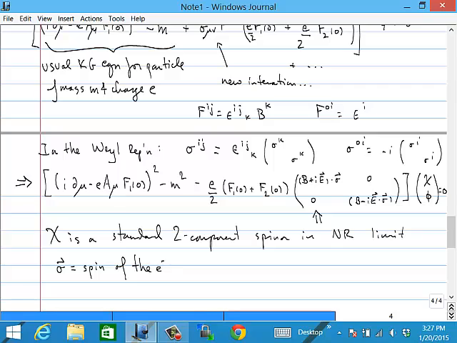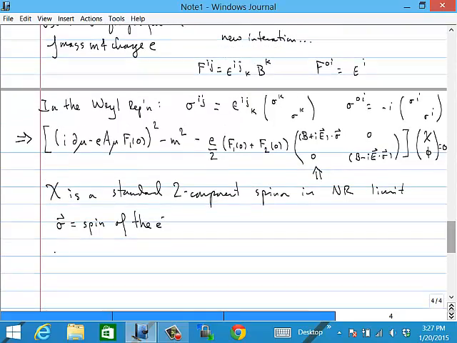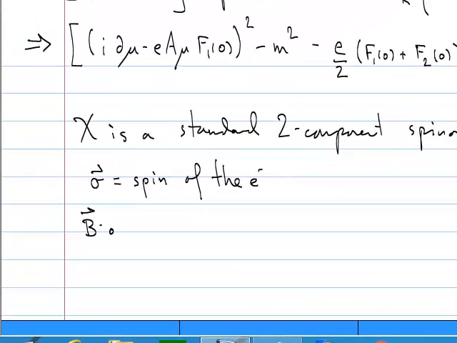And so if, for example, you set the background electric field equal to 0 and just studied the electron in the background of some magnetic field, then a B dot sigma term in the equation of motion, in Schrodinger's equation, is interpreted as a coupling of the magnetic field to the magnetic moment of the electron.